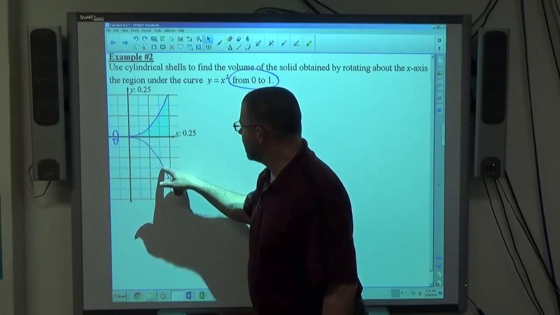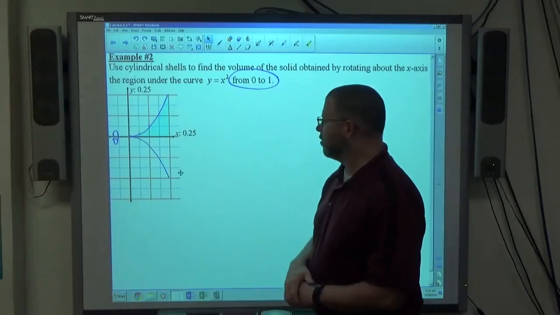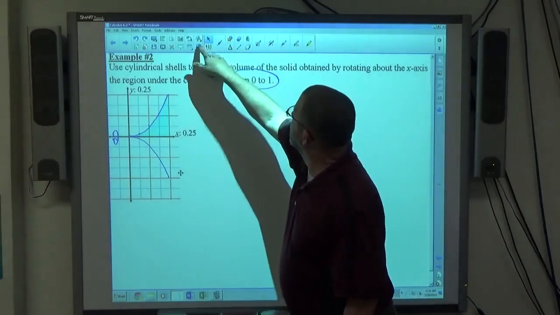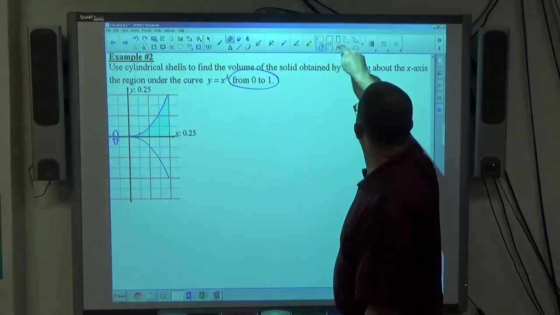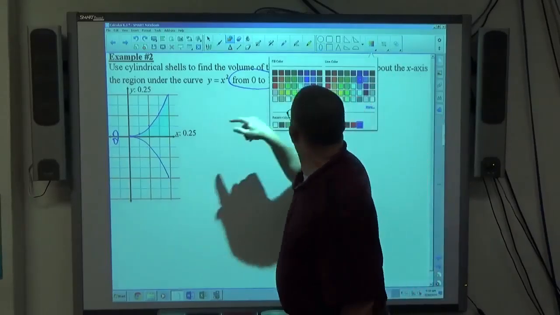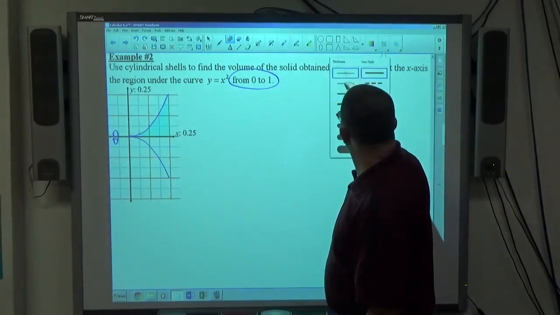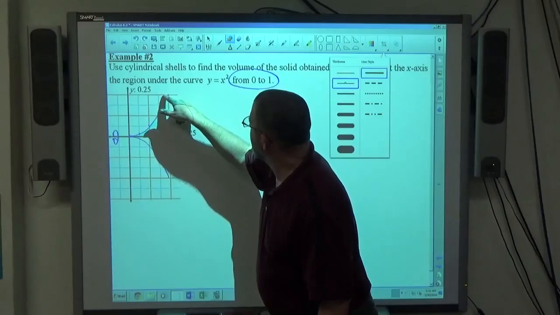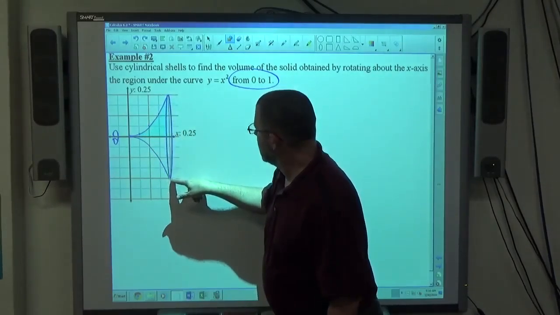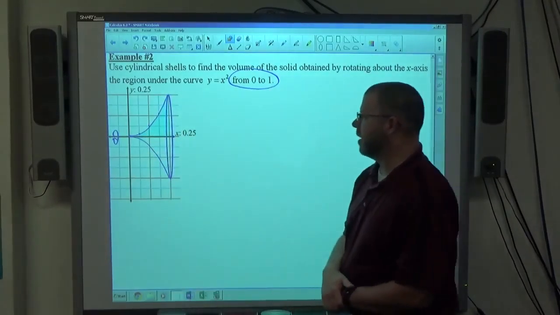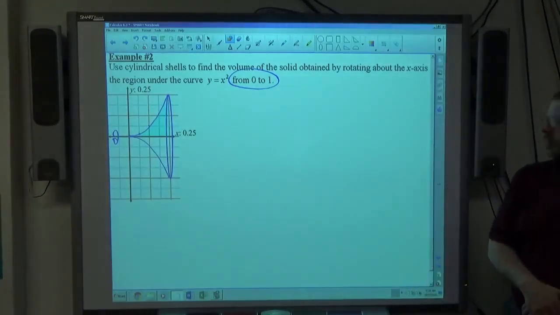Just drag that right there. We're looking at that shape right there, there's our shape that we're trying to find the volume of.